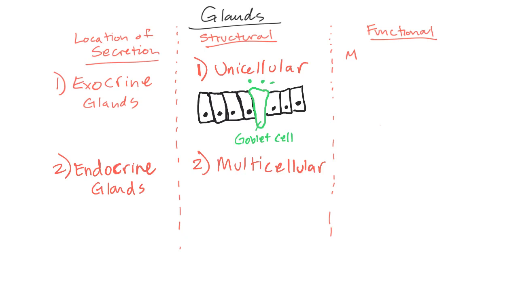On the other hand, a multicellular gland is going to have lots of cells. Basically, this duct that we created has all these cells that are working together to secrete a substance out here.